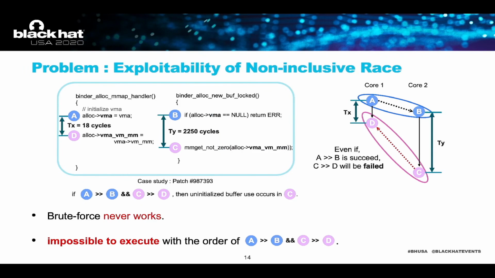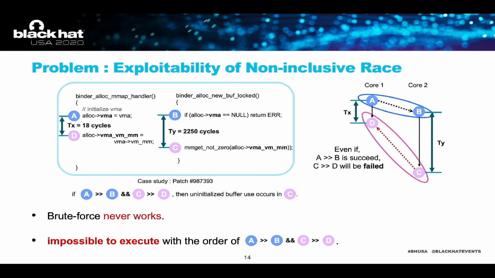The example shows a non-inclusive multivariable race condition found in the Linux kernel. Basically, the kernel uses uninitialized memory if only the instruction B and C in core 2 are executed between the instruction A and D in core 1. However, notice that the instruction A and D are located back to back with each other without any branches, which suggests that the time window between them is very thin, 18 cycles to be specific.